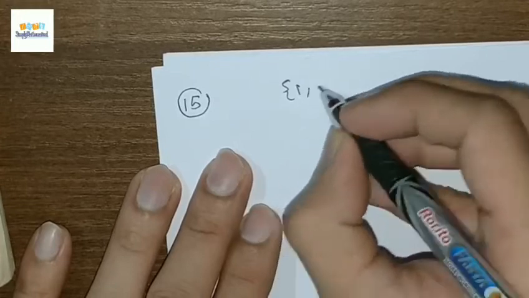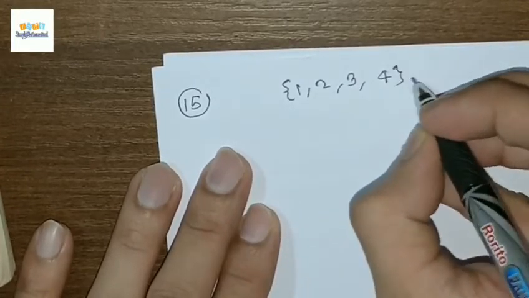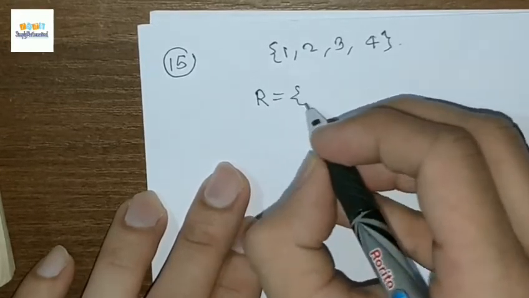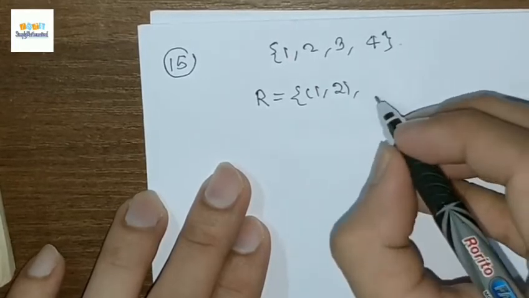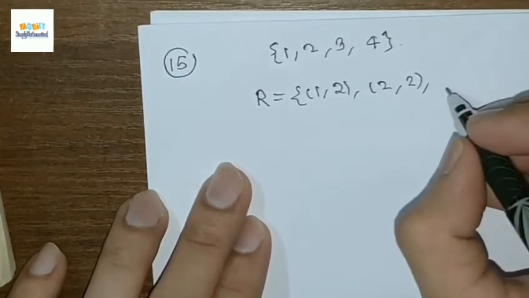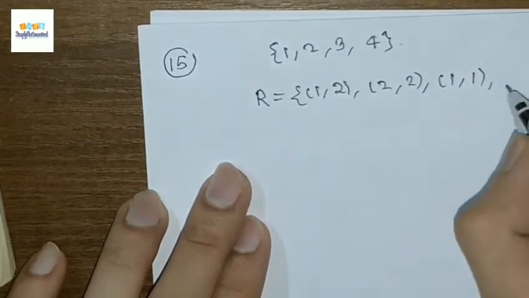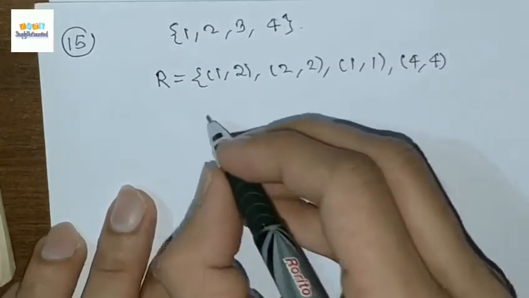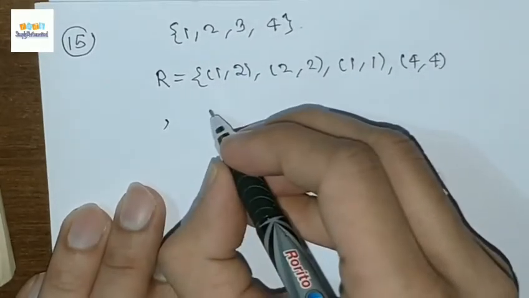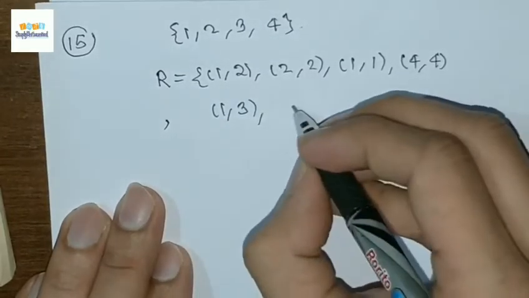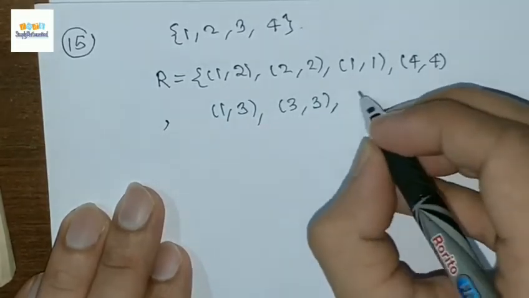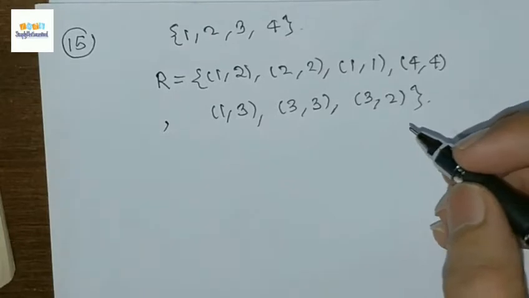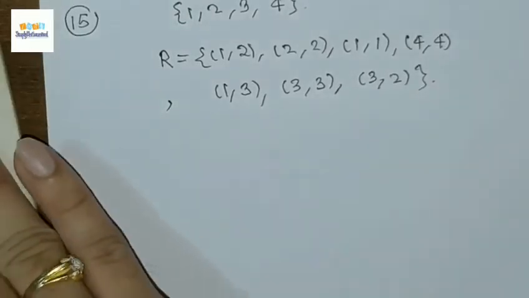You are given the set {1, 2, 3, 4} and a relation on the set as (1, 2), (2, 2), (1, 1), (4, 4), then (1, 3), (3, 3), (3, 2).